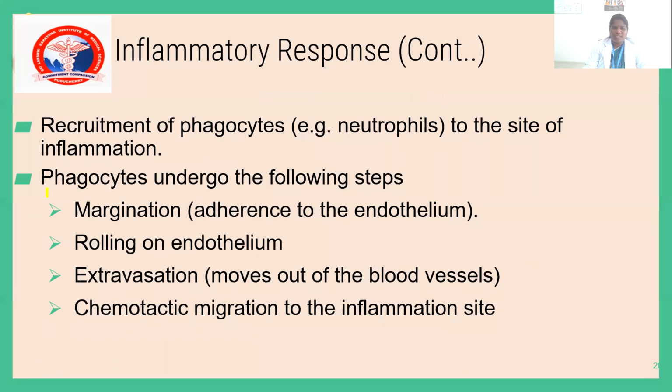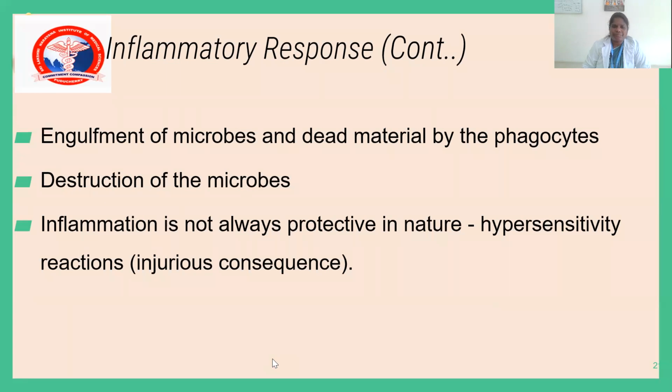So I already mentioned first there is vascular permeability, migration, rolling on the endothelium, extravasation, and chemotactic migration to the inflammatory site. This is already repeated: engulfment of the bacteria, destruction of the microbes.